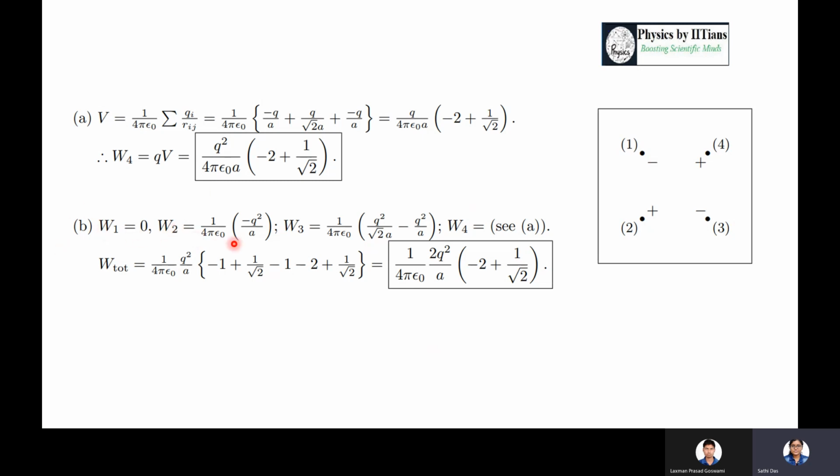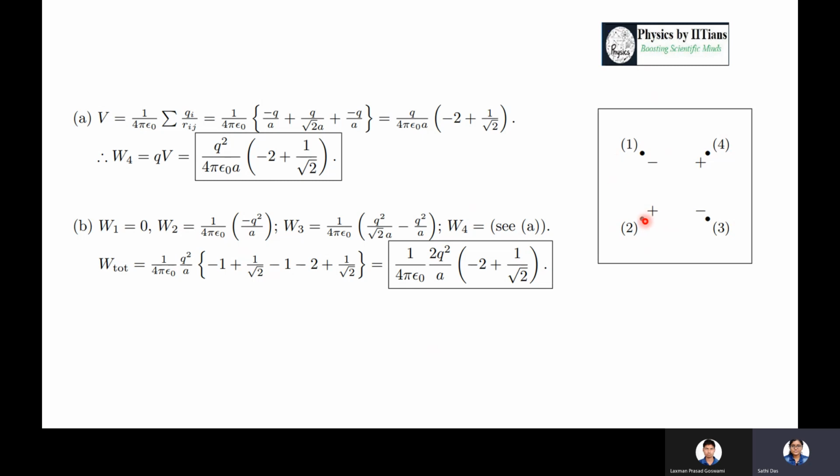But for the next charge, it will feel a potential from the first, that is minus Q divided by A, so W2 will be Q2 into V, that will become 1 by 4 pi epsilon naught, minus Q into plus Q divided by A. For W3, it will be due to the superposition of 2 on 1 as well as 3 on 1.